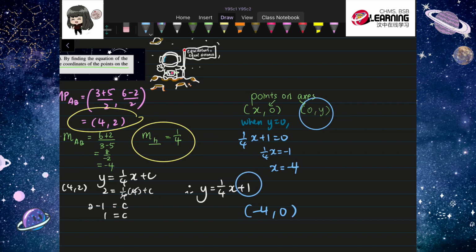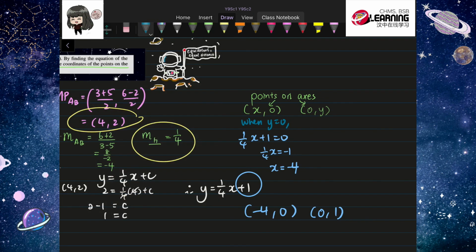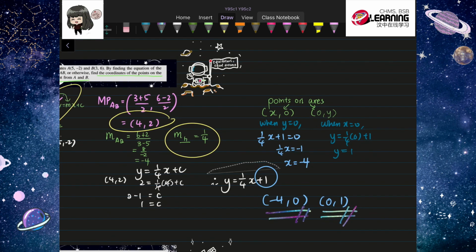The y-intercept is basically this one, 0, 1. No need to sub in. Or if you really want to sub in, you can sub in when x equals 0. You will get the same thing also, by the way. Okay, you see, it's 1. So this is your answer. This one is messy, so I put it down.